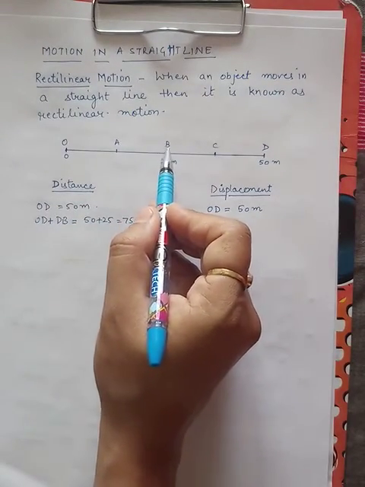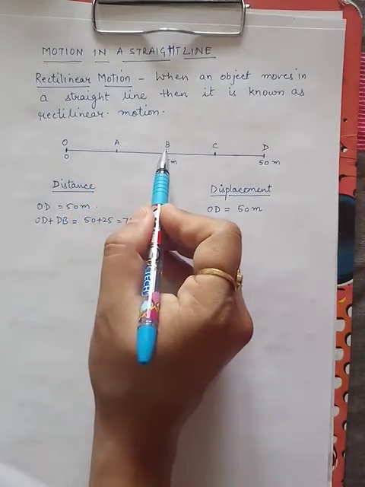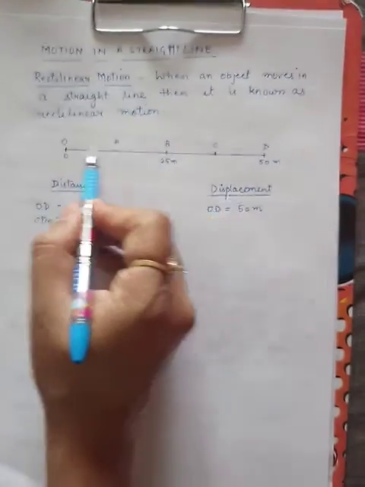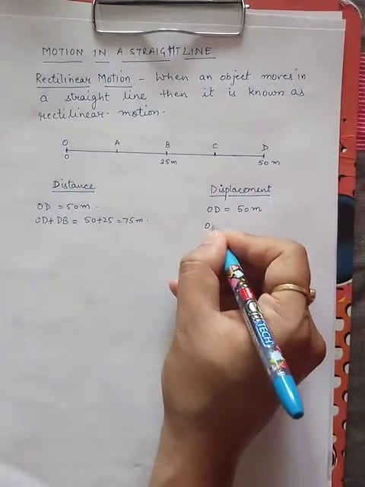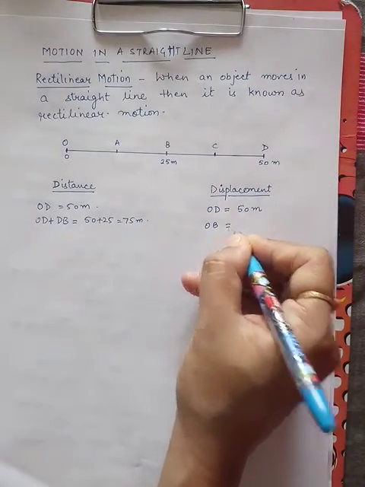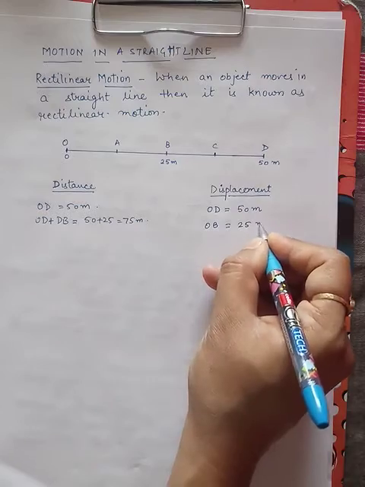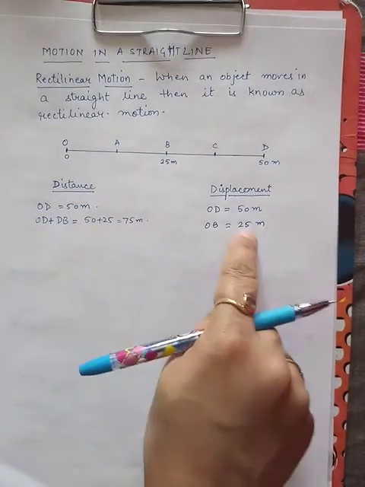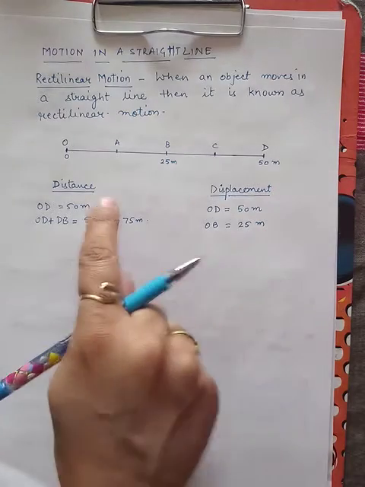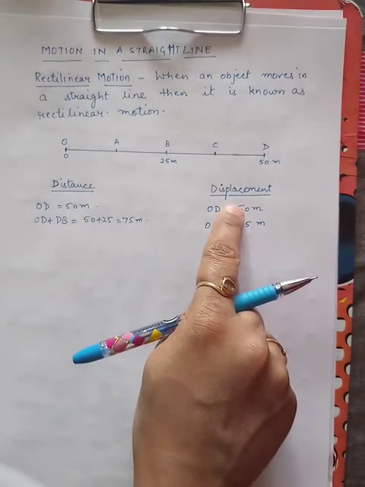What is the shortest distance? This is the shortest distance, a straight line distance between O and B, right? So here displacement will be OB, and that will be your 25 meters. So there is a difference between distance and displacement, but they are equal here, right?